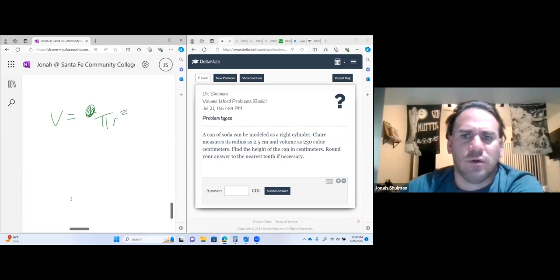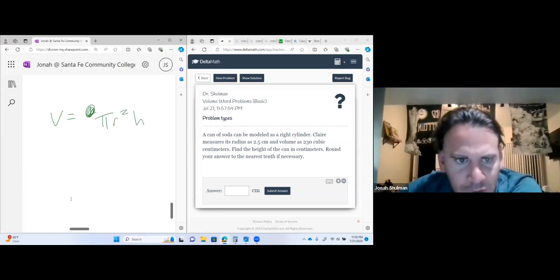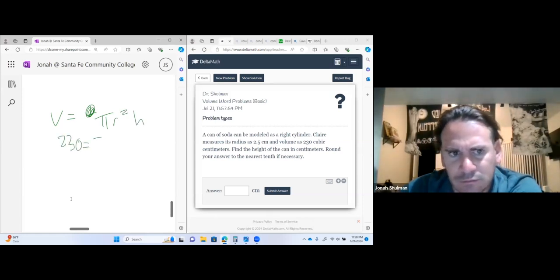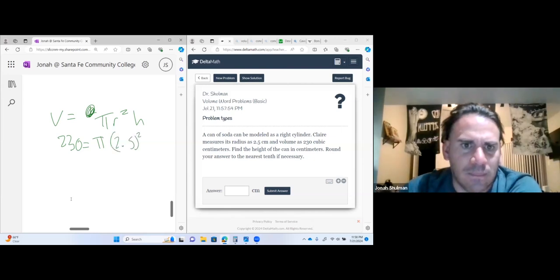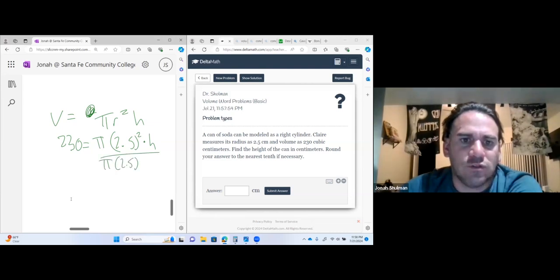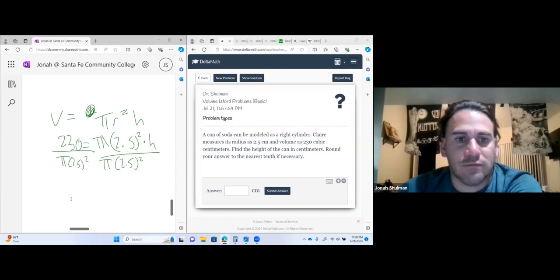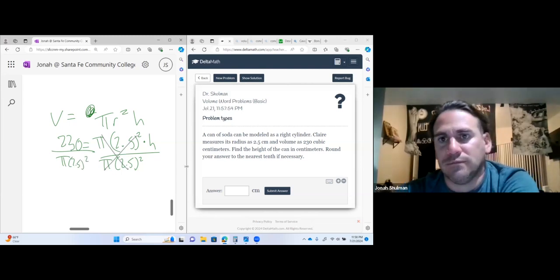Pi r squared times height. You have the volume is 230. Our radius is 2.5. I'm assuming we need the height. Yep. So we just divide this by pi times 2.5 squared. And guess what? We've got everything.